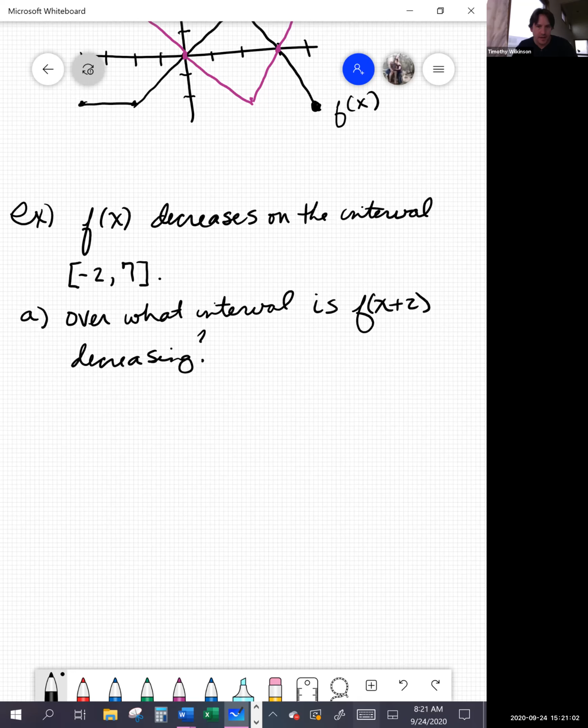Is the graph y equals negative, so putting a negative out in front, f of x increasing, decreasing, or neither on negative 2, 7?